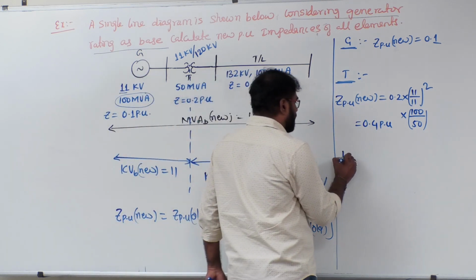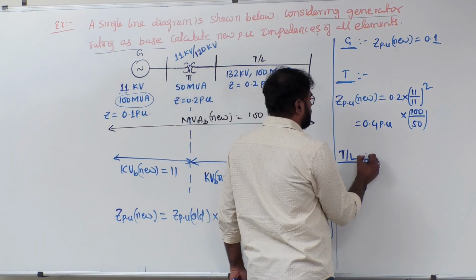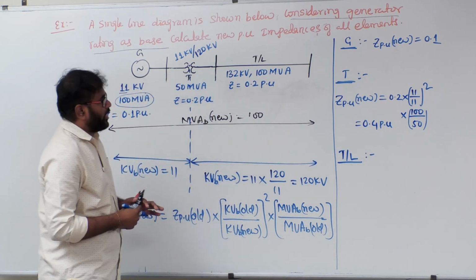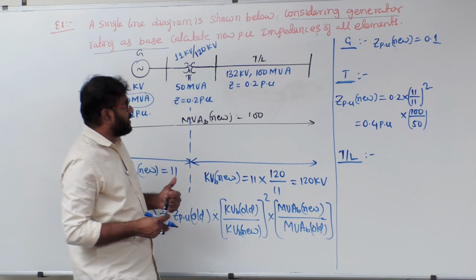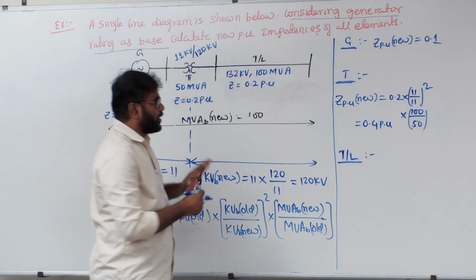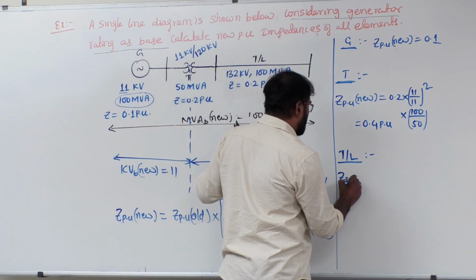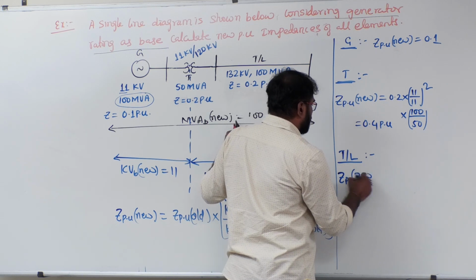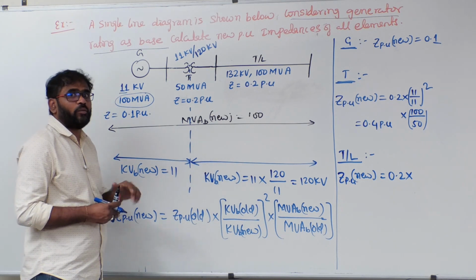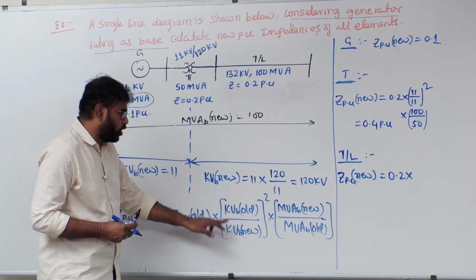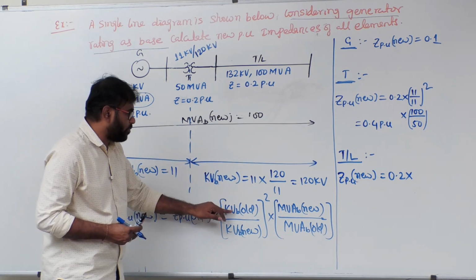Now coming to the transmission line. What is Z per unit new for the transmission line? We need to calculate it. Z per unit old is 0.2. I'll write Z per unit new equal to Z per unit old, 0.2, times kVB old by kVB new, whole squared. What is kVB old?